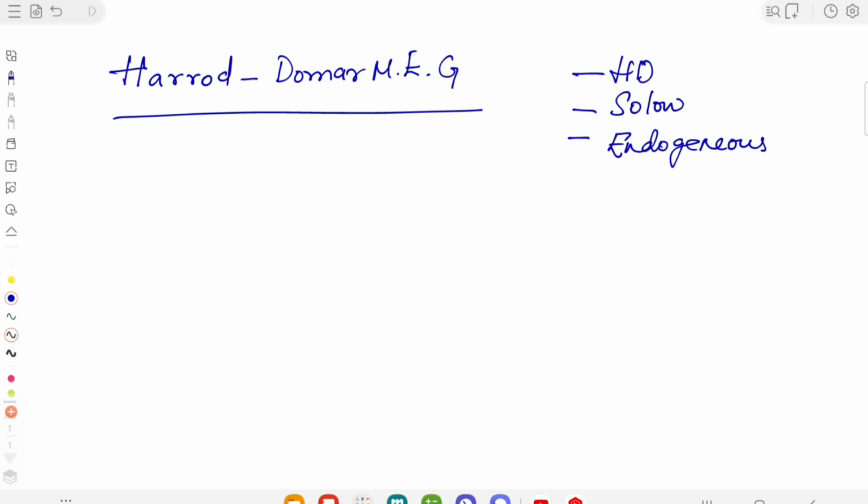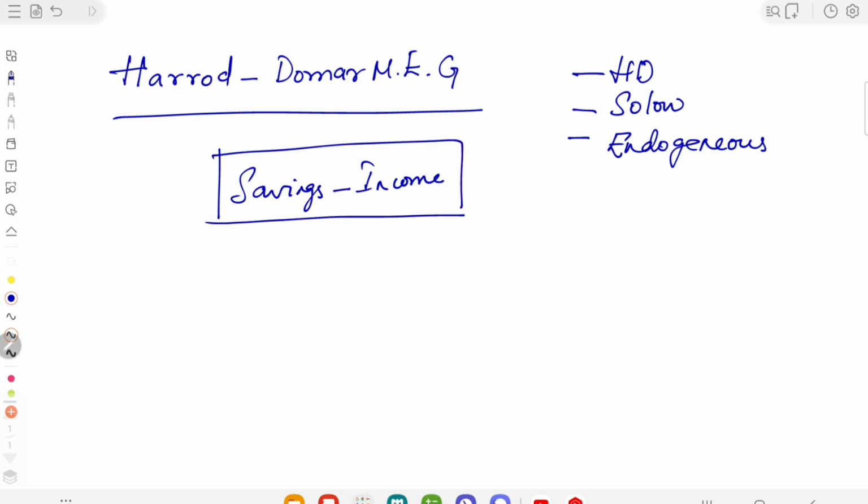Naturally this is applicable for developing countries. It is a theory which suggests how developing or underdeveloped countries might achieve development. According to this theory, the growth rate in an economy depends on the savings to income rate. That is, how much income your people are getting, and out of that income what percentage they are able to save.